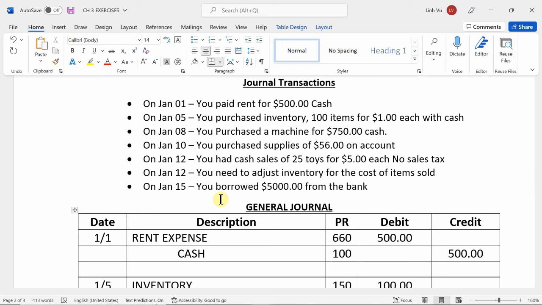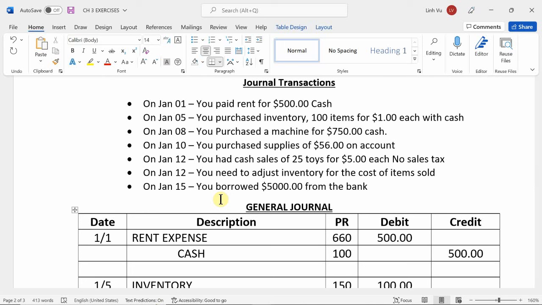So right now, because I made that adjustment, I actually only have 75 toys left on hand, which is true, right? Yeah. So that's how you have to understand why this adjustment isn't increasing my inventory, because at the end of the day, I got rid of those 25 things. They're no longer on my shelf for me to sell. They're gone.